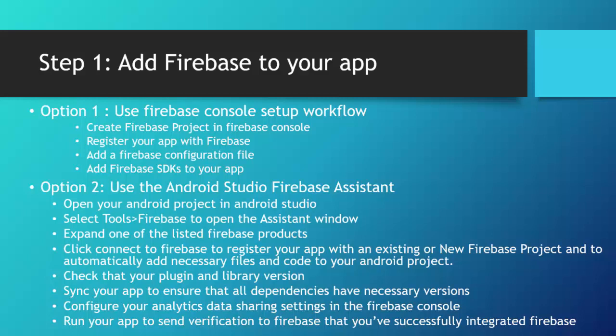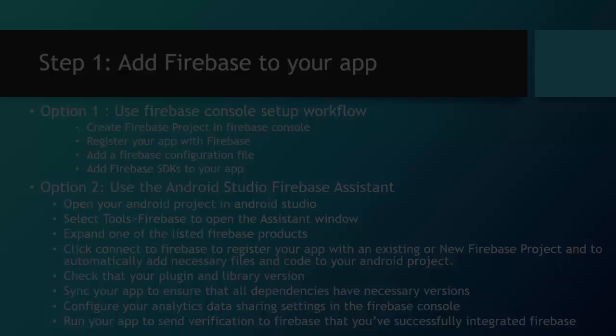In this video, we are discussing option one. Option two is a pretty lengthy one. If you want to use your own default libraries, then you have to go for the Android Studio Firebase Assistant. In this video we are discussing how to deploy an ML application in an Android app, so I use an already existing application.